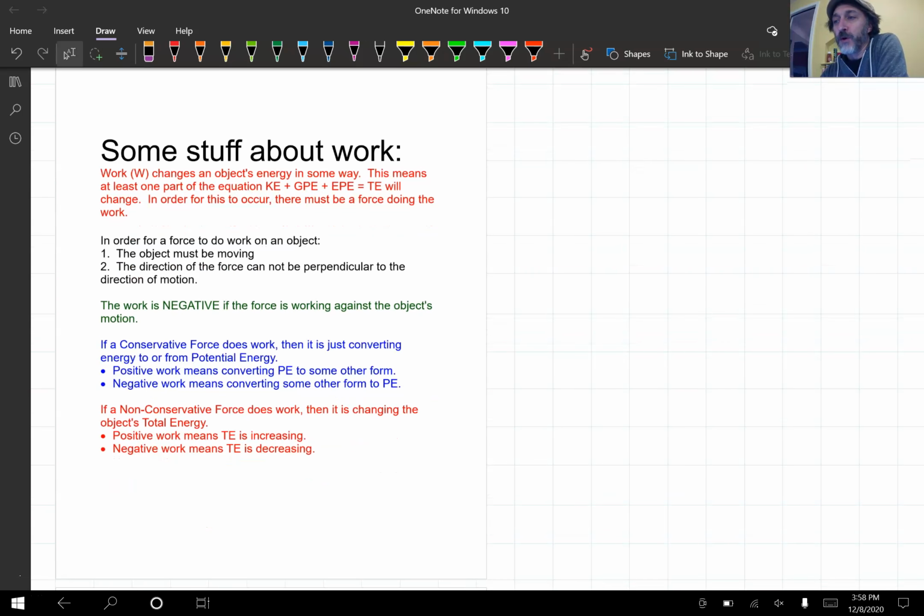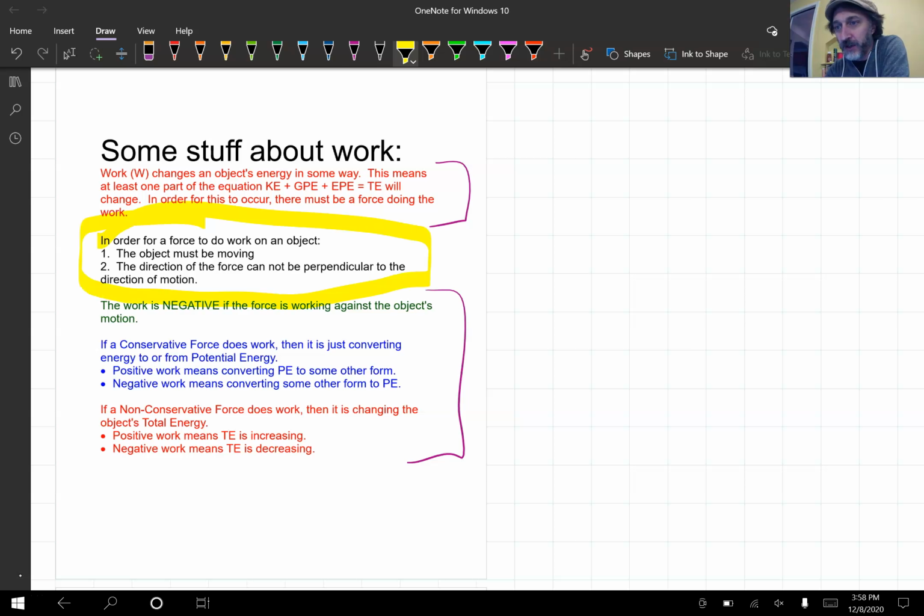So a couple things about work. Like I just said, work basically changes the energy in some way. For the purposes of this chapter, here's what you need to know, the stuff in yellow. In order for a force to do work on an object, there are two conditions. One, the object has to be moving.